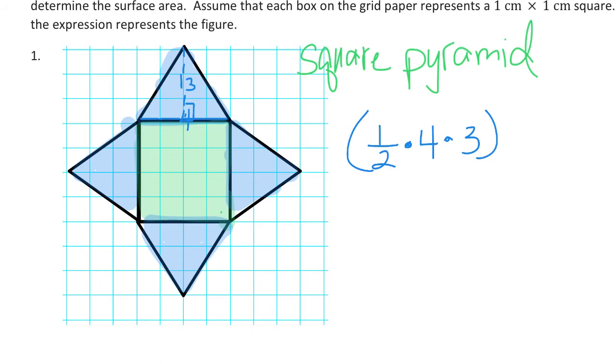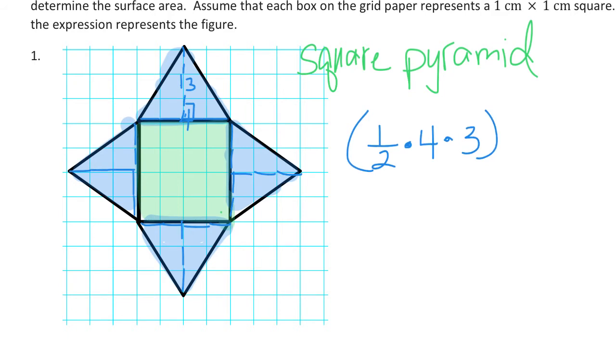Now I go to see if my other ones are the same, and if I come over here, 1, 2, 3, 4, same base, 1, 2, 3, same height. And I go to the one down here, same base, same height. If I go to the one on the left, same base, same height.